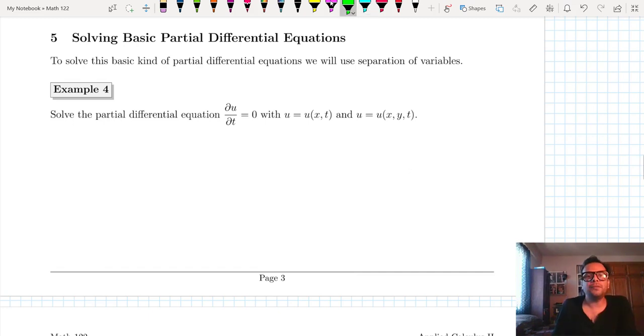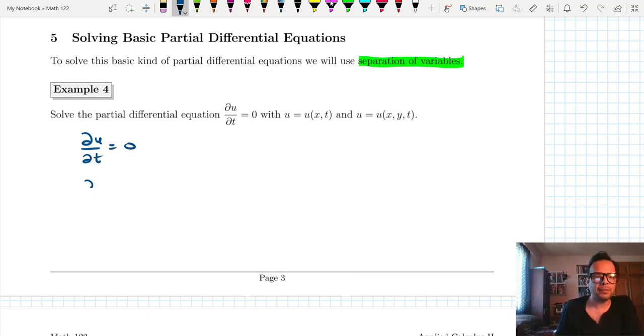For this simple partial differential equation, we will use the technique of separation of variables that we learned in the previous section. So, partial u with respect to t equals 0. I'm going to multiply both sides by t. Okay, partial u equals 0 times partial t.